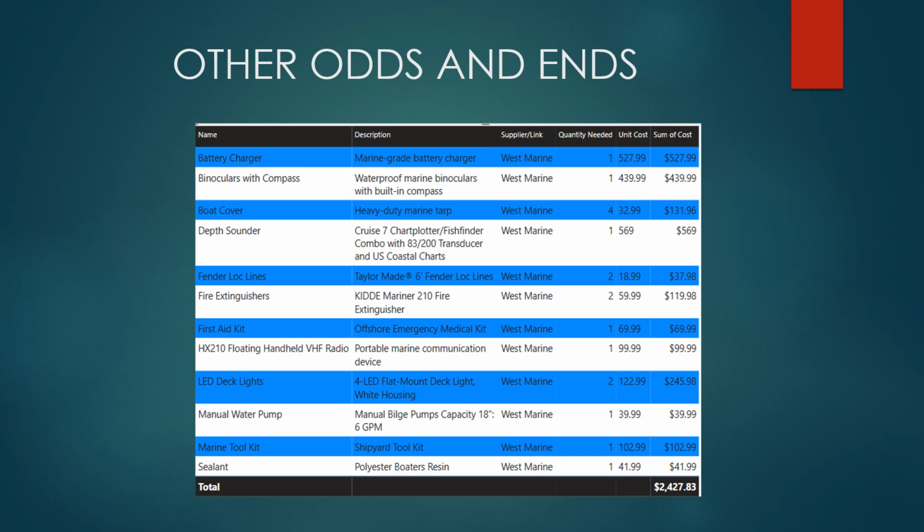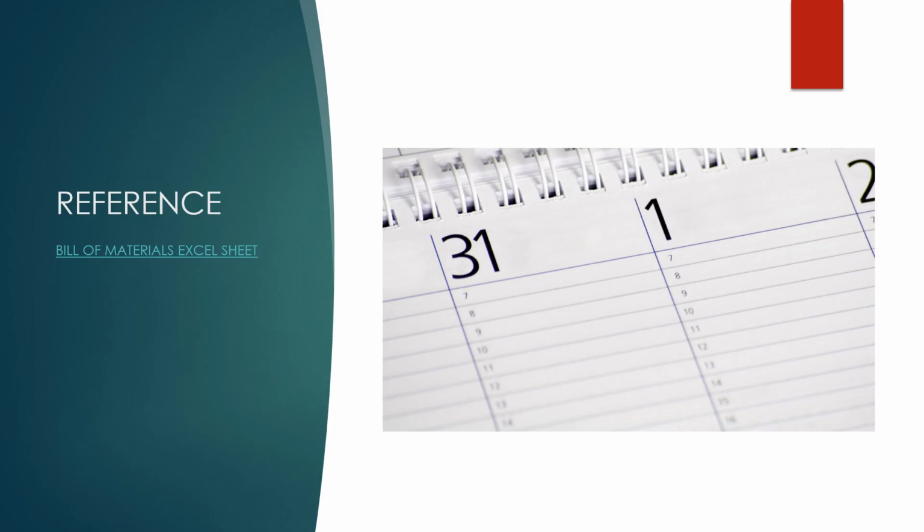For the other items, such as the boat covers, binoculars, and some miscellaneous supplies, the total cost is $2,427. These all come together to give approximately $94,000 for the bill of materials.